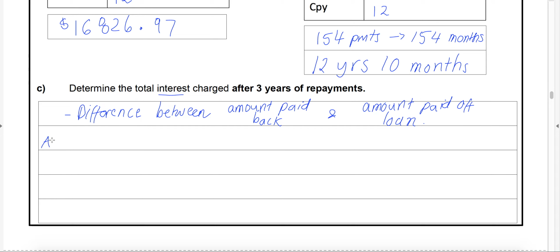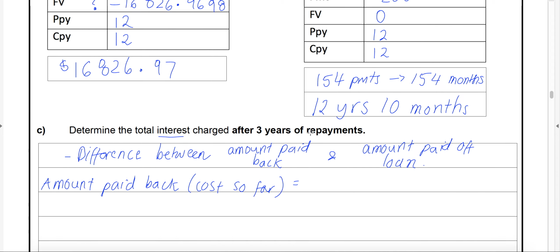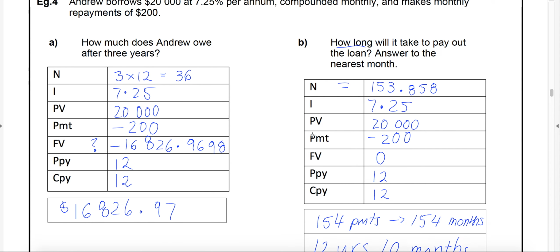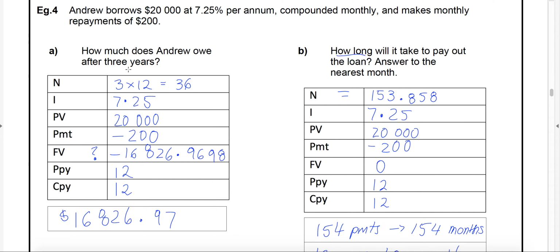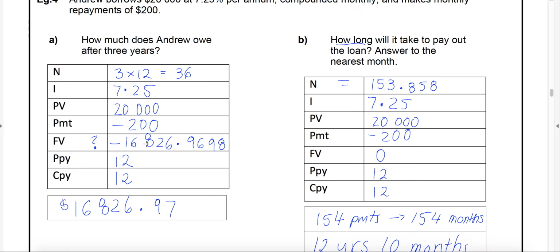For the amount paid back, that's the easiest part. So the cost to Andrew so far. Well, he's done 3 years of payments. After 3 years, it says here he was still owing, so he hasn't paid it off, as we can see. 3 years of $200 payments.